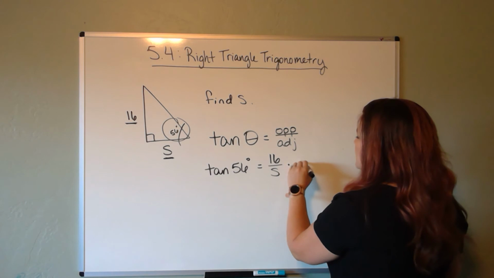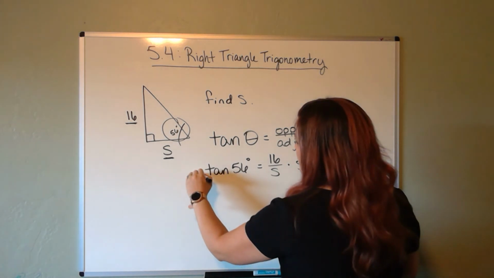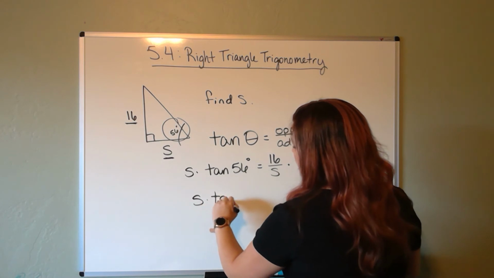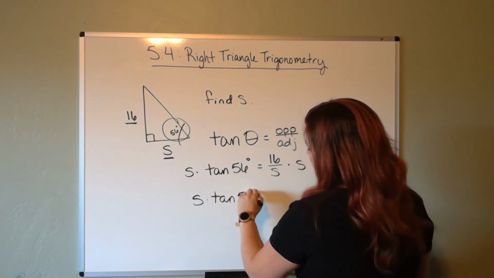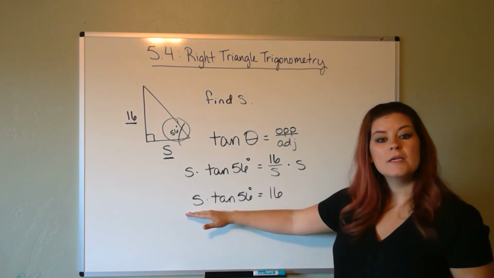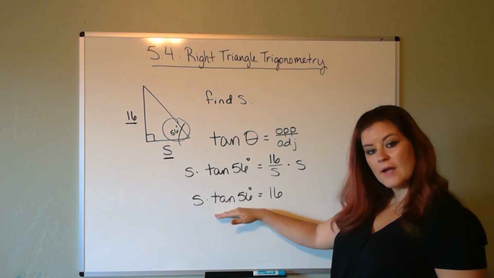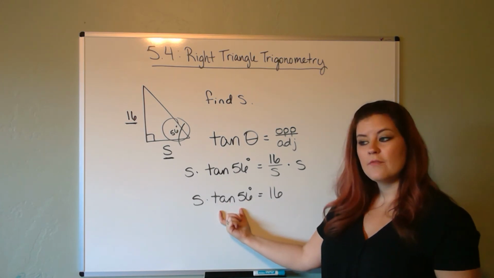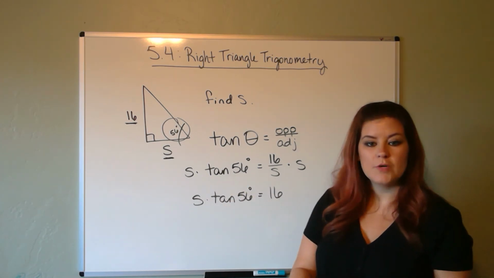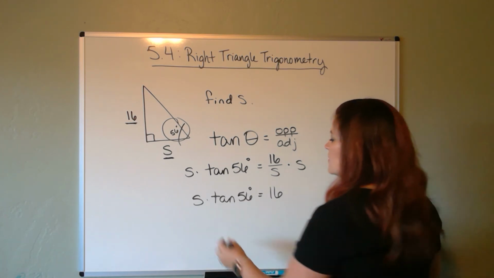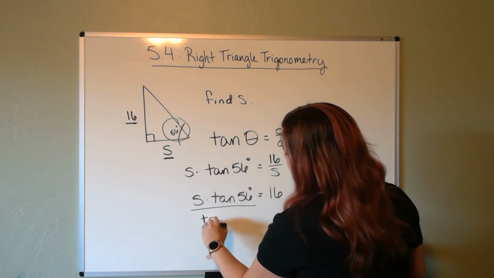So let's multiply both sides by S. Then I have S times the tangent of 56 equals 16. How do I isolate S from here? Let's divide both sides by the tangent of 56. So you guys, your trig functions, you can use algebra on them. Just treat it as one term. So I'm going to divide both sides by tangent 56.